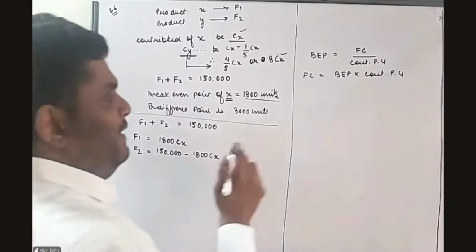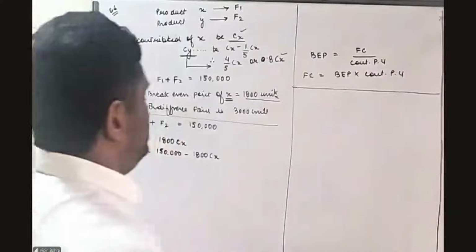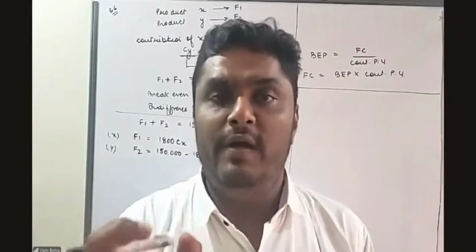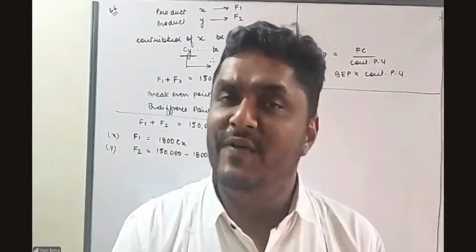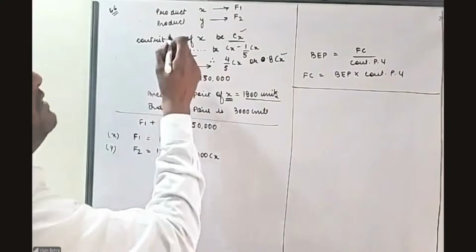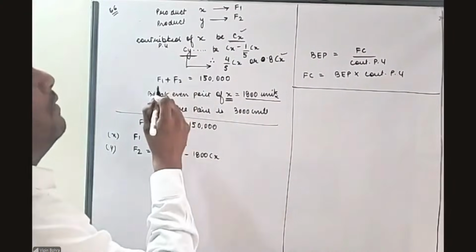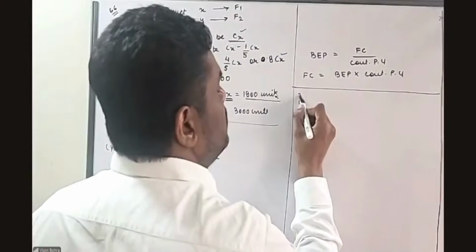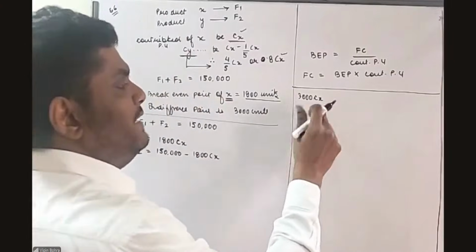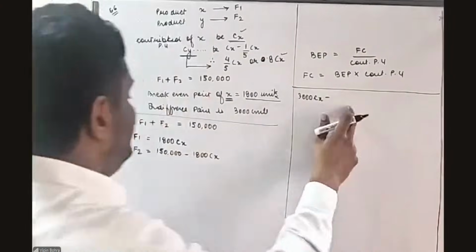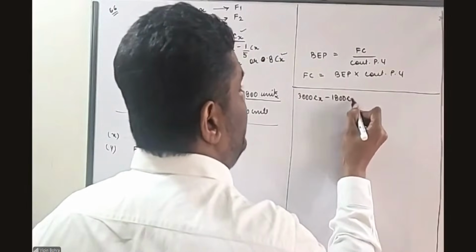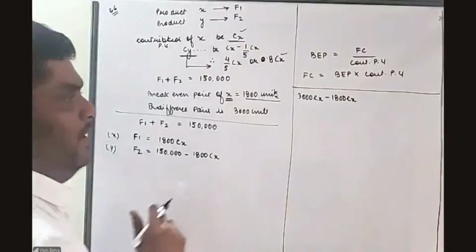Now, with the help of the indifference point, we will solve this question. This is the point where we earn equal profit. And what is profit? Contribution minus fixed cost. So contribution per unit of X is CX, so 3000 CX is the total contribution of product X, minus the fixed cost, 1800 CX, which is F1.